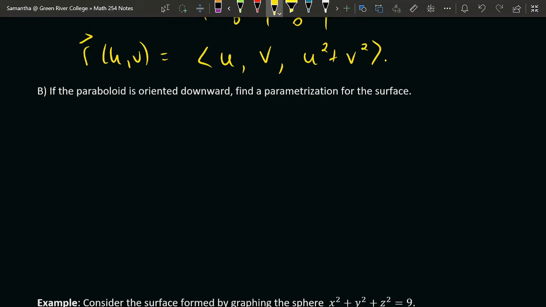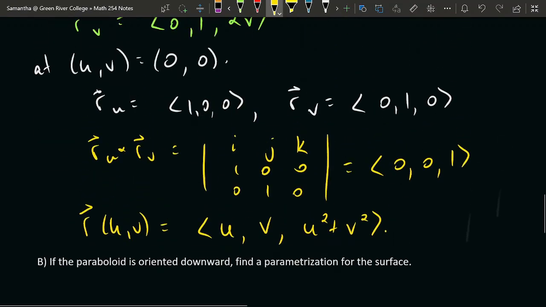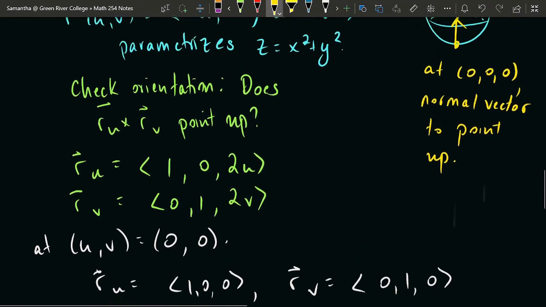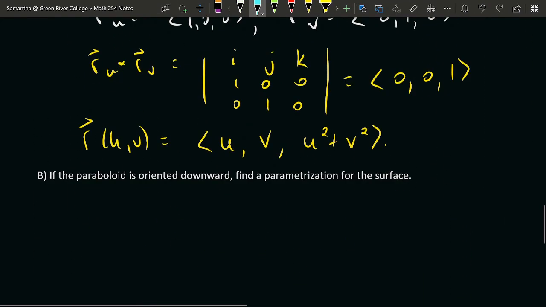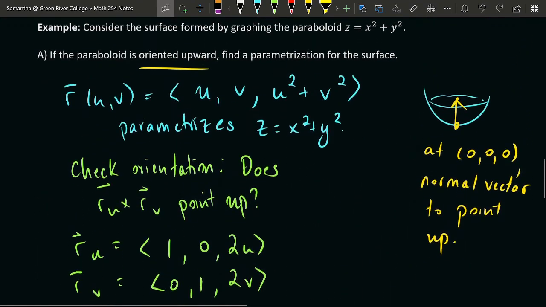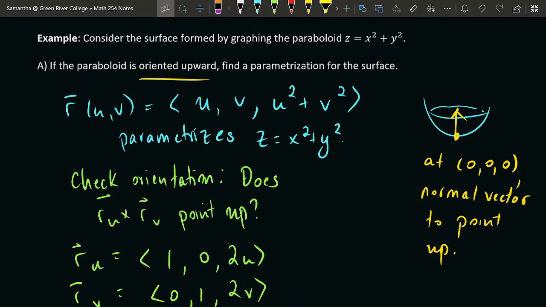In that situation, how could I parametrize the surface to match not only the shape of the graph, but also to match the new orientation chosen? So our previous idea will no longer work, right? If x is equal to u and y is equal to v, and z is equal to what you get when you replace x by u and y by v, then we found that that particular attempt at parametrization corresponds to an upward orientation.